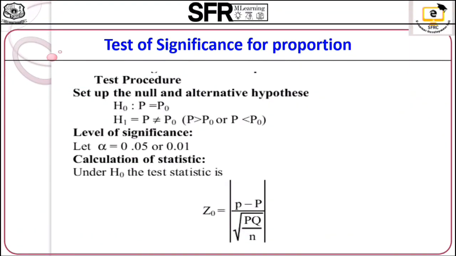The test procedure is, first we set the null hypothesis and alternative hypothesis. That is, the null hypothesis is that the given proportion is true. The alternative hypothesis is that the given proportion is not equal, which means it may be less than the proportion or greater than the proportion. In this test of significance, we take the level of significance as 5% or 1%. The formula for Z0 is given.